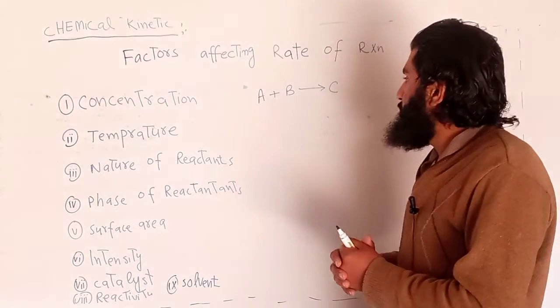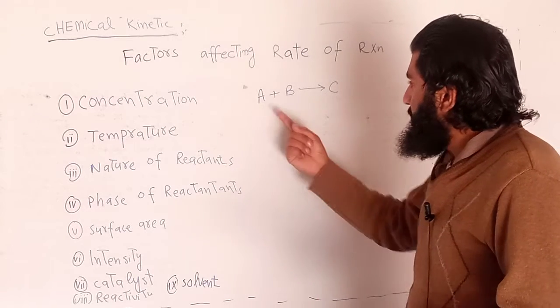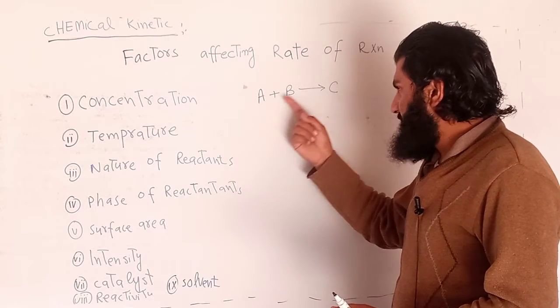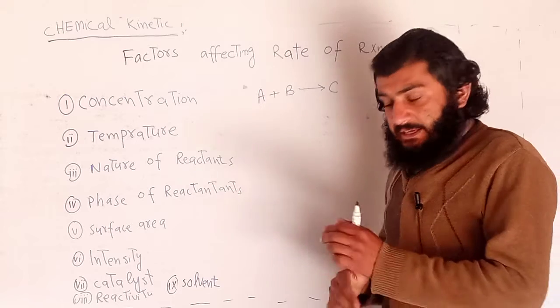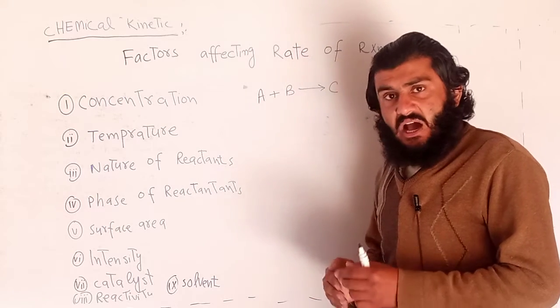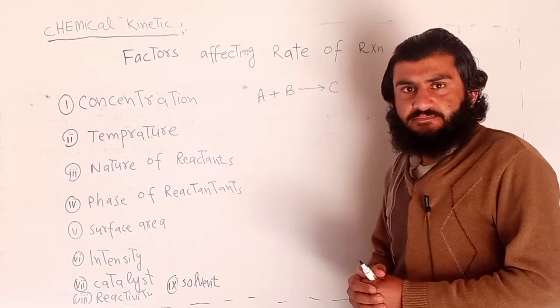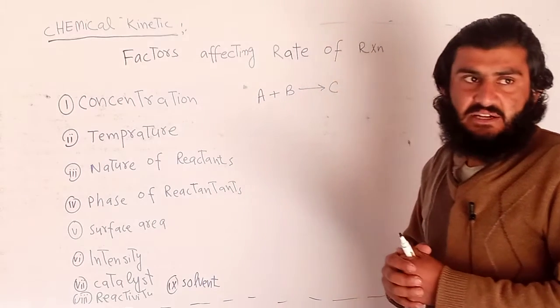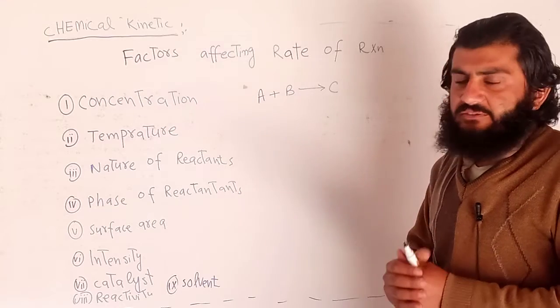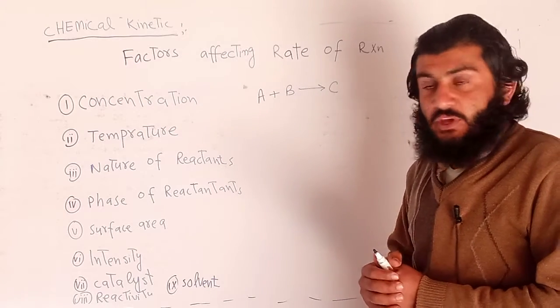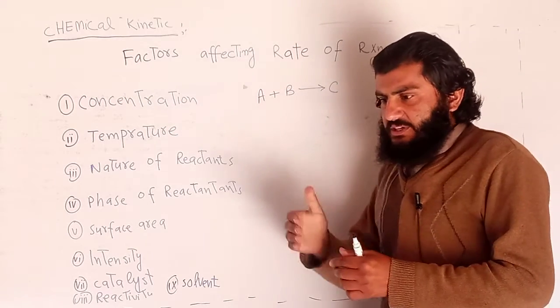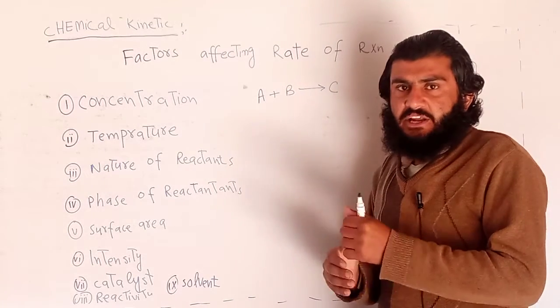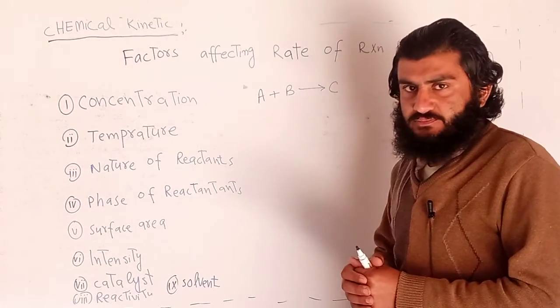Clear? So it means if we increase the concentration of A and B, the chance of collision will increase, and as a result the formation of product will also increase. It means as we increase the concentration, the rate of reaction also increases.